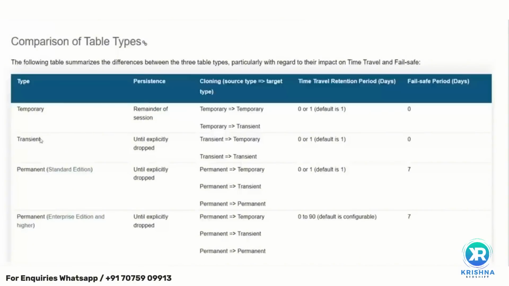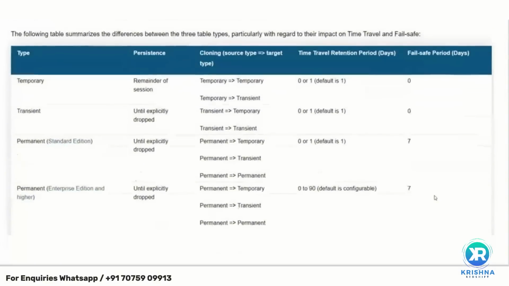The only difference between transient and permanent tables is that a transient table, once dropped, cannot be restored, means failsafe is 0. Whereas permanent tables can be restored within the failsafe period, in every edition.